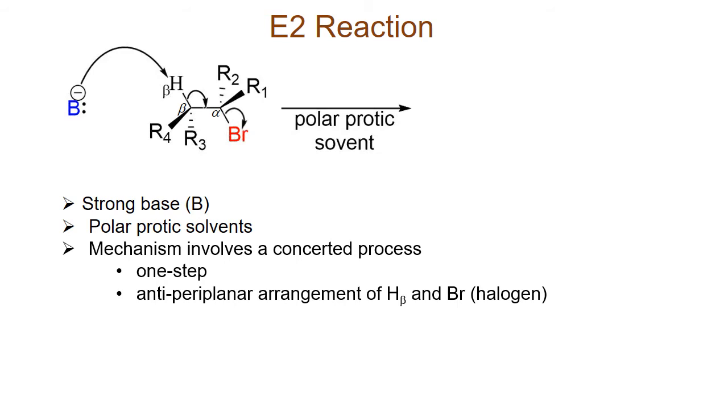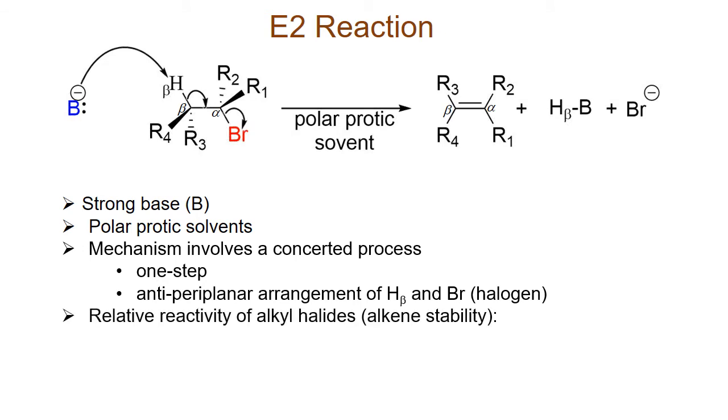This results in the formation of our product, which is an alkene, and it displays a double bond between the alpha carbon and the beta carbon, along with the conjugate acid of the base used and the halide ion. As far as relative reactivity of alkyl halides is concerned, it is determined by the stability of the alkene product that is formed.